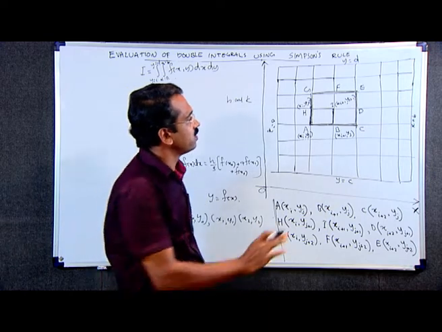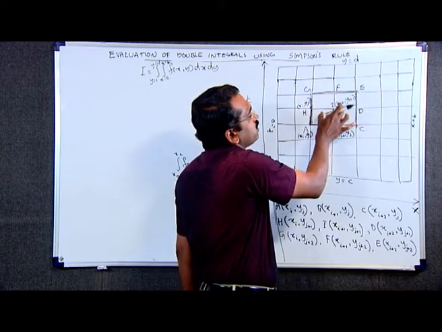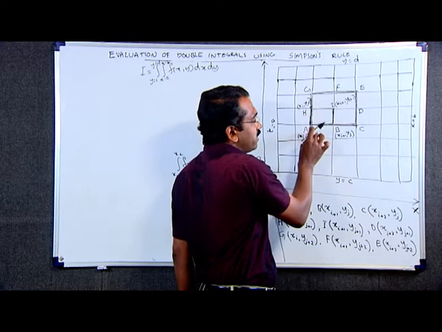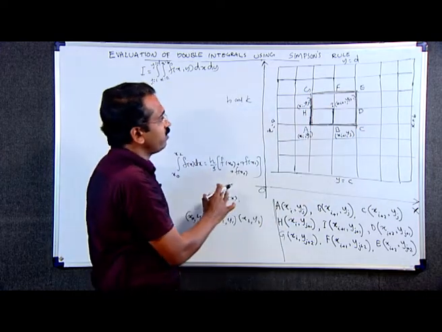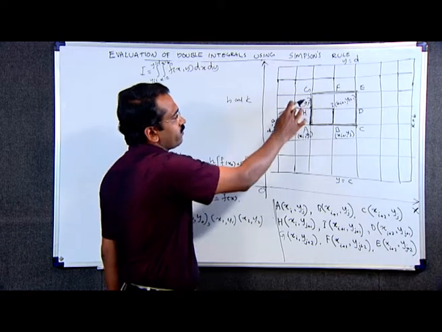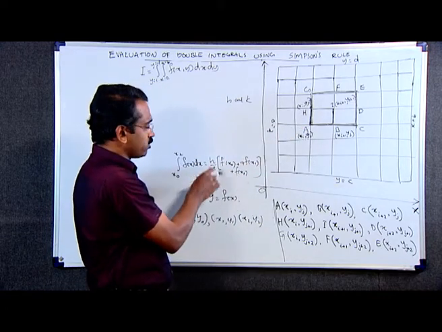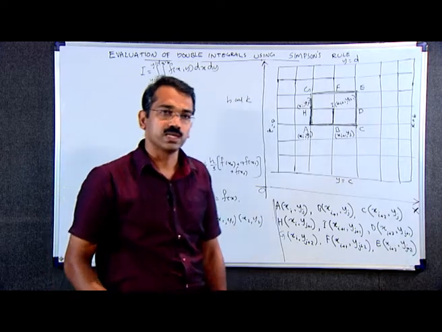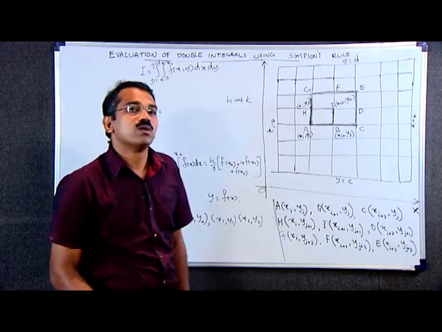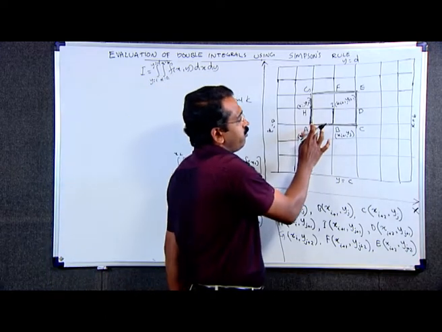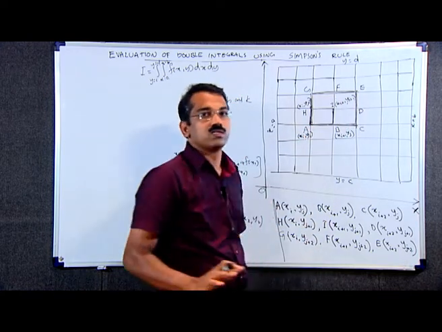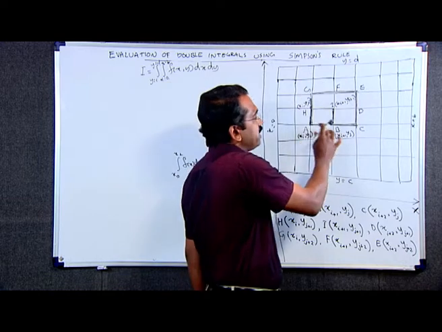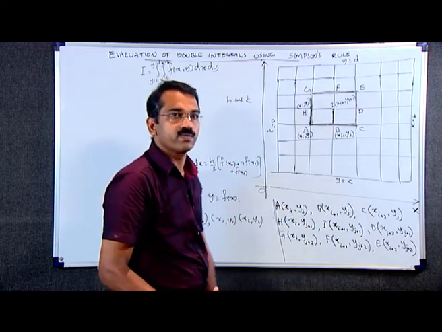We have to consider all these 4 rectangles, that is the rectangle A, C, E, G, because we want 3 points to apply Simpson's rule of integration. Therefore, our area of integration is A, C, E, G, consisting of 4 adjacent sub-rectangles.